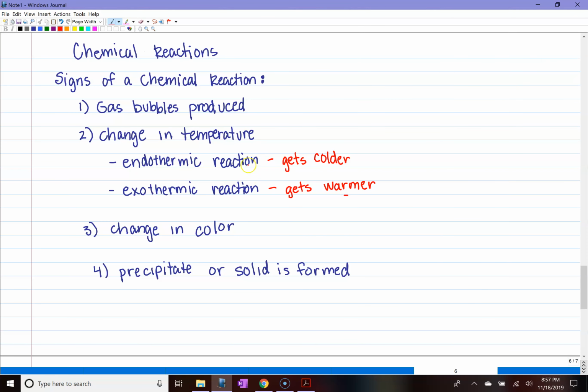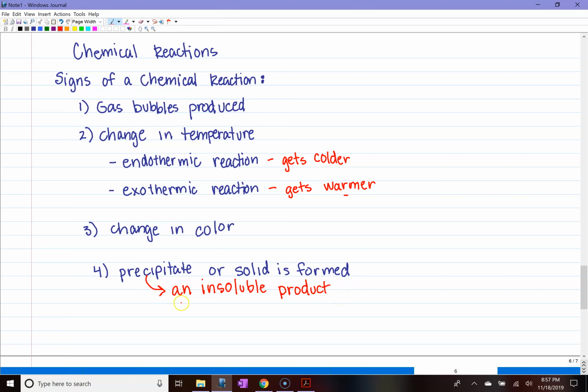A precipitate, by definition, is simply an insoluble product. So it's basically something that will not dissolve in water.